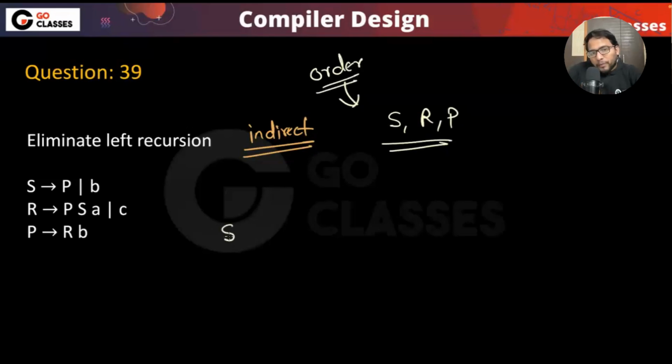Now, first copy S productions. Is there a left recursion here? Since there is no left recursion here, you will copy the next productions. Now, can anyone tell me what is the first step here that we need to do?